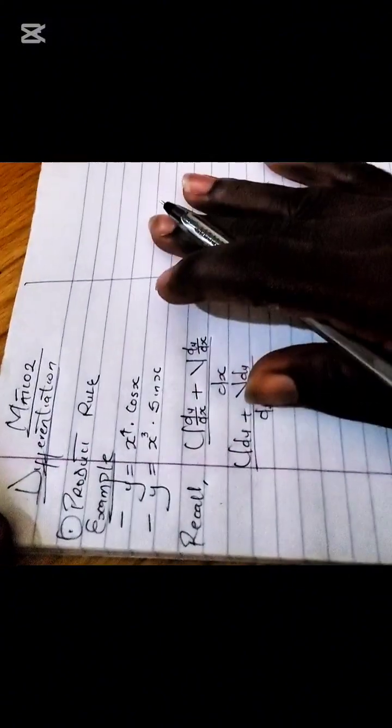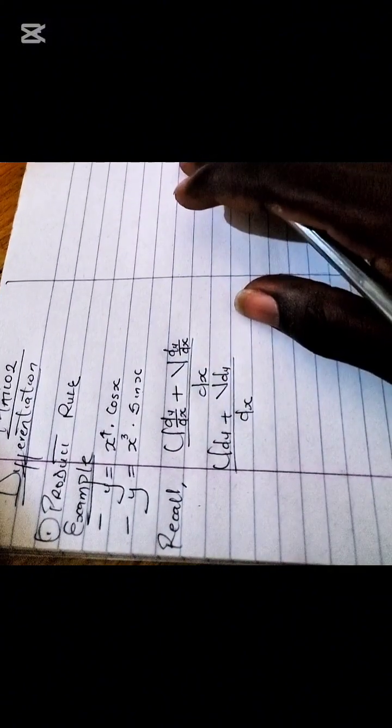Mind you, this formula can also be rewritten as u dv plus v du all over dx. So whichever way you are okay with, you can write down your formula.